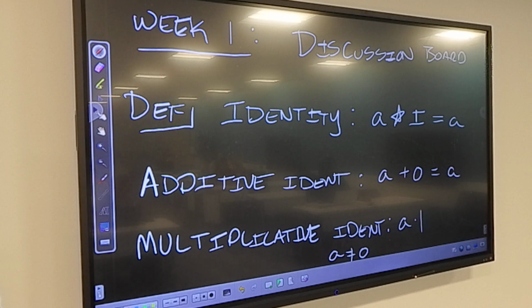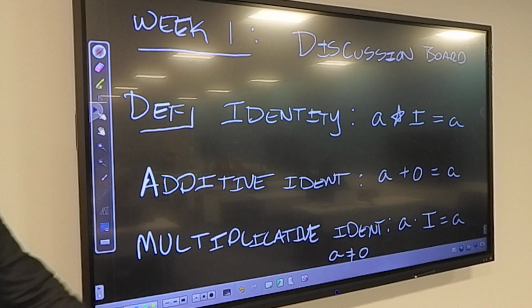And I want to multiply it by some number called the multiplicative identity, and it comes out the same.